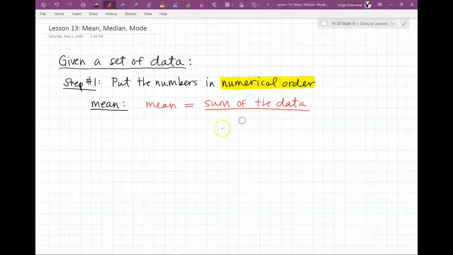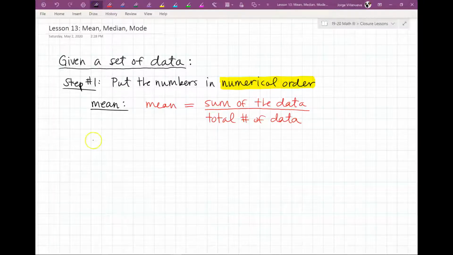Total number of data. So if they gave you 10 numbers, then you're going to divide by 10. If they gave you 8 numbers, you divide by 8. Make sure on top you add the numbers together.